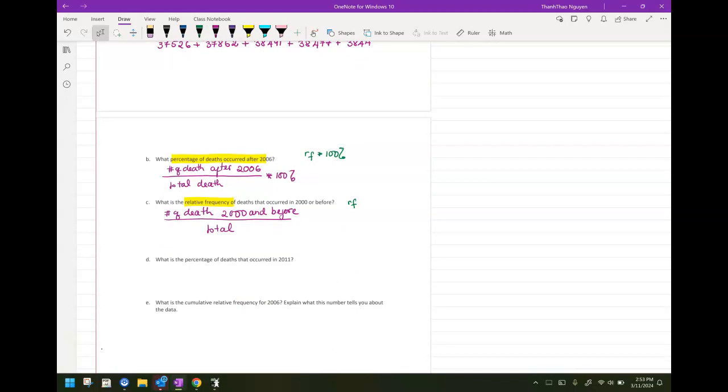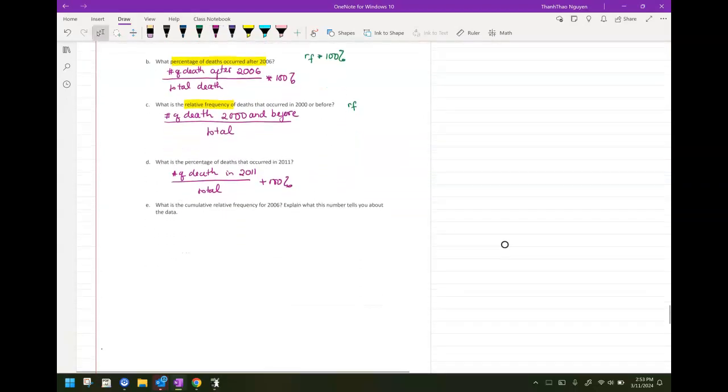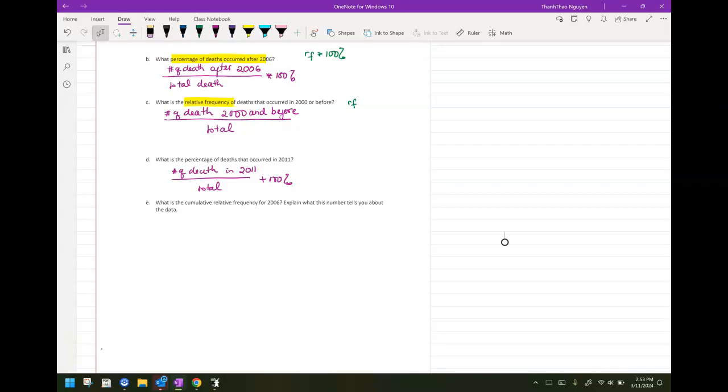What is the percentage of deaths that occurred in 2011? Again, we're looking at the number of deaths in 2011, we divide by the total, multiply by 100%. So what is the cumulative relative frequency for 2006? The word here is cumulative, right?